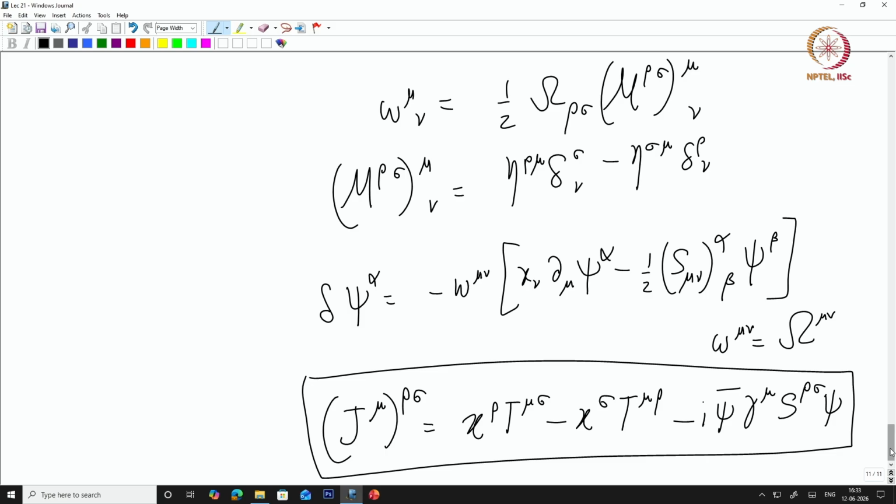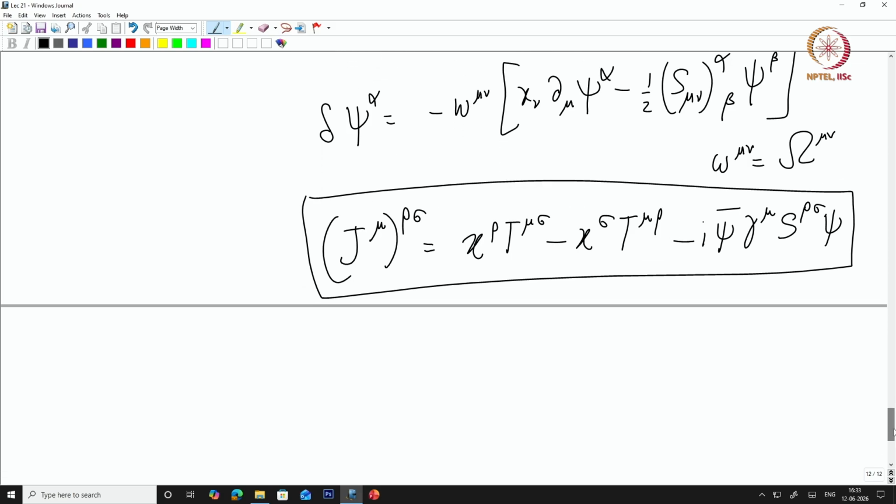This piece, as we will see another way, I will mention it in non-relativistic reduction a little bit.